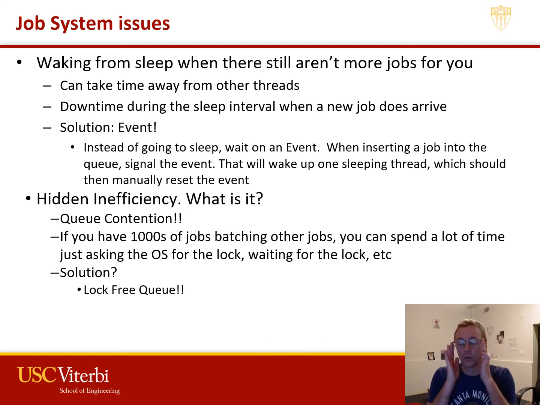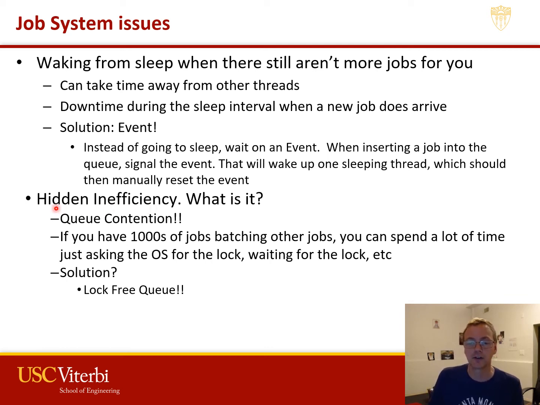And when we insert a new job into the queue, we'll send an event that will wake up that sleeping worker at that time. So we don't need to have it keep waking up on its own. It can be told to wake up when there's something to do. So that's something we would do.